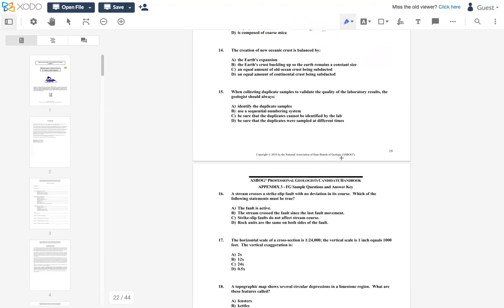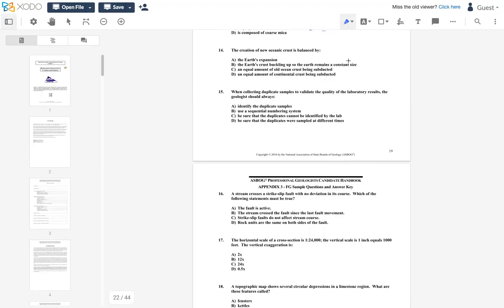Okay. The creation of new oceanic crust is balanced by the Earth's expansion, the Earth's crust buckling up so the Earth remains a constant size, the equal amount of ocean crust being subducted, equal amount of continental crust being subducted.